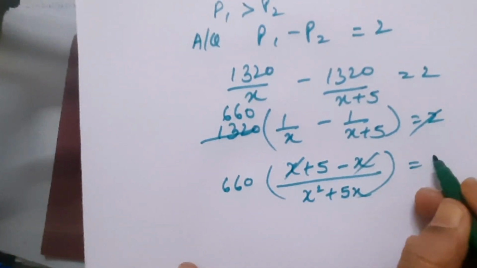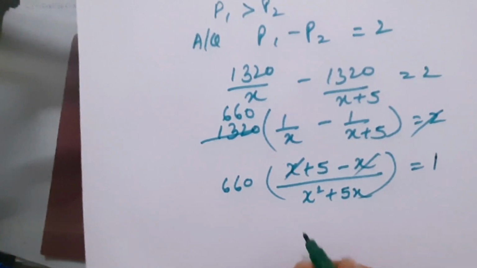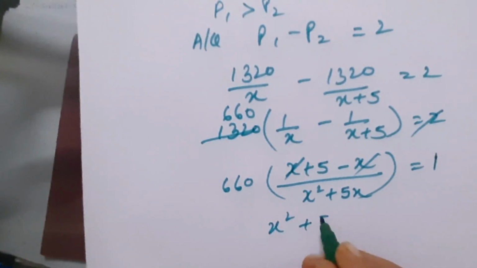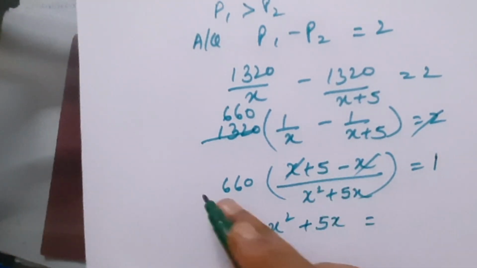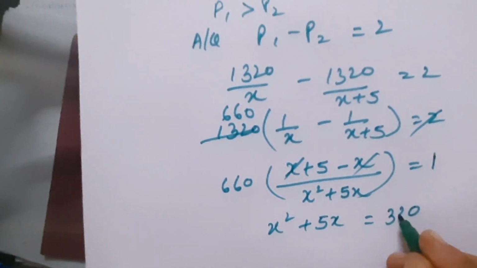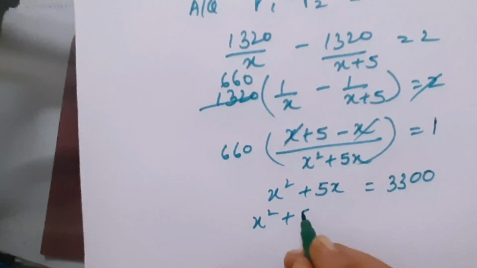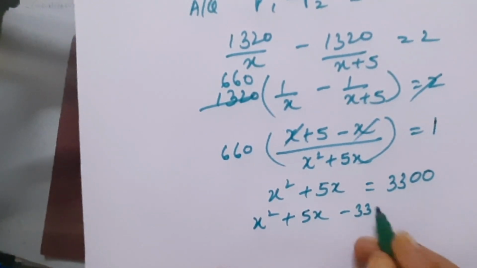Cancelling x, when we cancel, don't make it 0, it will be 1. Now x square plus 5x is equal to 660 multiplied by 5, which is 3300. Now shifting the number: x square plus 5x minus 3300 is equal to 0.